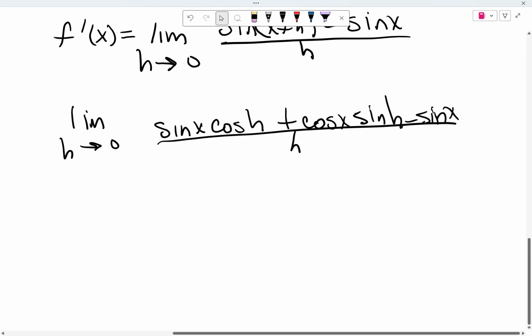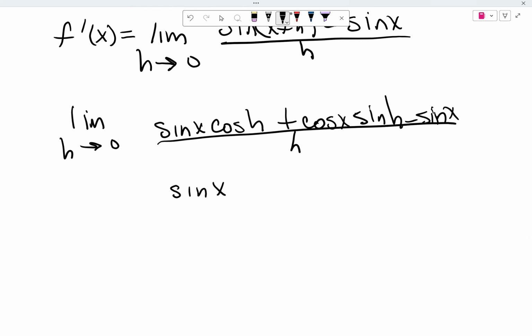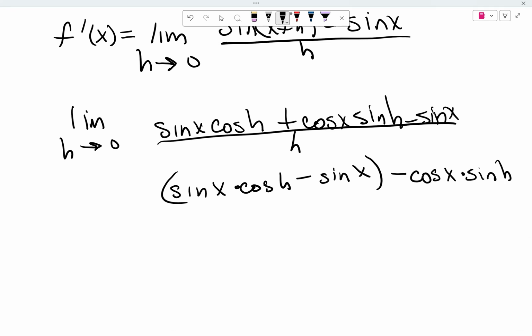Let's rearrange some terms. So you end up with sine x times cosine h minus sine x again, all of this plus cosine x times sine h, and all of this over h.